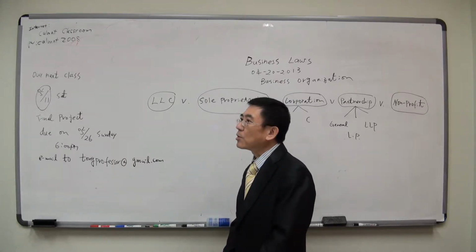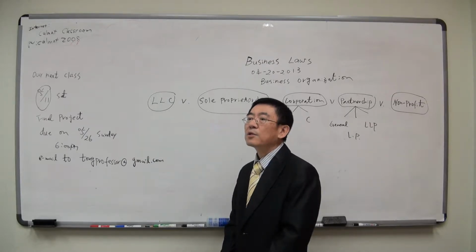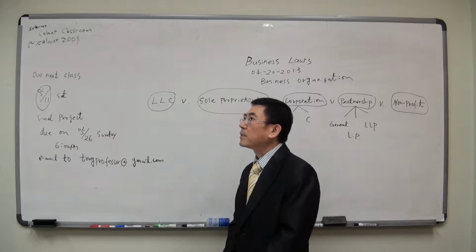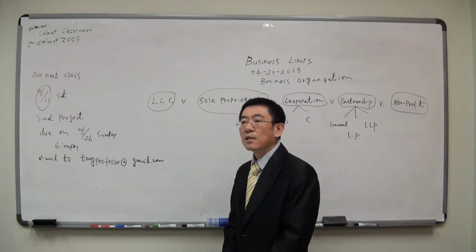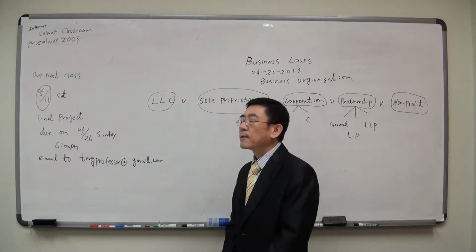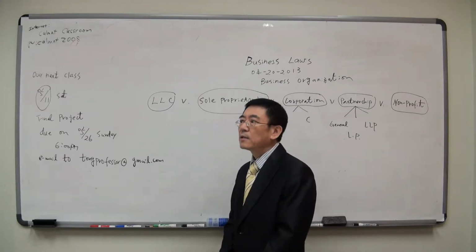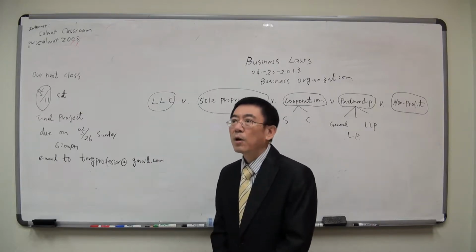For today, we're gonna talk about business organization, but we need to finish our last topic, if you still remember. That is the salary employee, regular employee. Last session we finished at the independent contractor, so finish that. So if you hire an independent contractor, assuming you are the employer, okay?